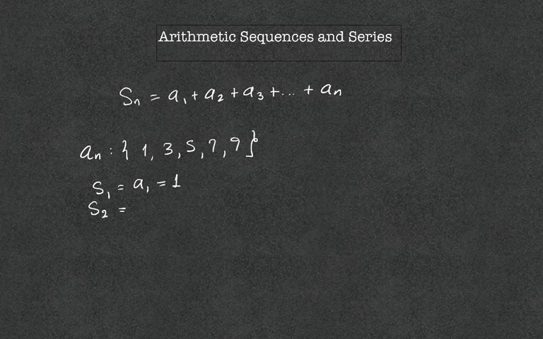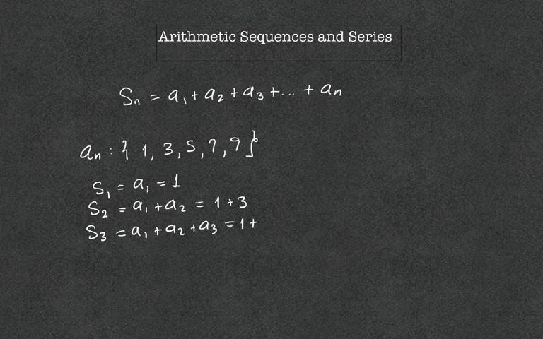S2, the second partial sum, would be A1 plus A2, and that is, in the case of this sequence, 1 plus 3. For the third partial sum, that is A1 plus A2 plus A3, and that is 1 plus 3 plus 5. The value of the series would be doing the sum. So 4 for the second sum and 9 for the third sum.